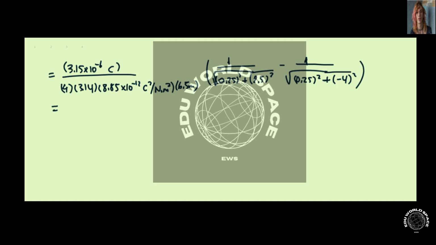All right. From here, the y component is 647 newtons per coulomb. That's what we're going to find it out to be. Now, this is the answer to part A then.